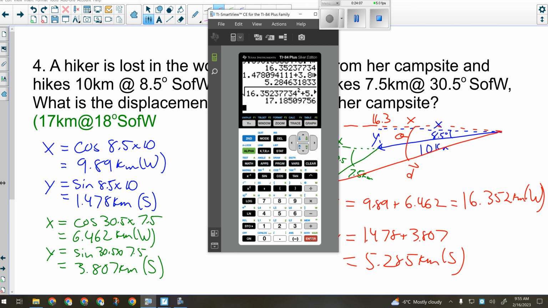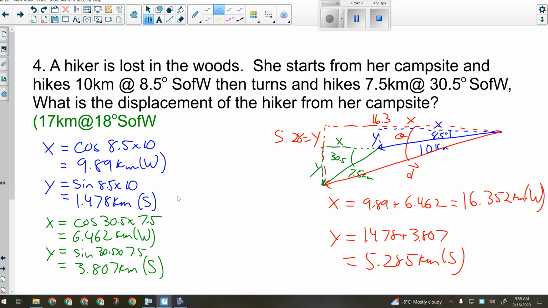Okay, so my overall displacement, 17.2 kilometers. And my angle, the way I drew this triangle, it's going to be y over x, opposite over adjacent. So that'll be tan to the minus 1 of the 5.28 over 16.3.